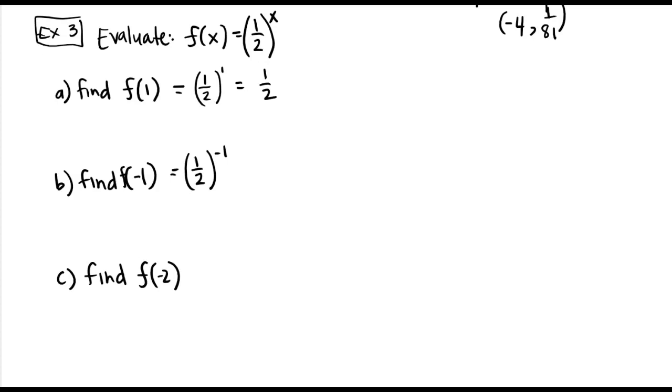Okay, so on part A, you should have come out with 1/2, because whenever you raise anything to just the first power, it's just that same thing back. So 1/2 would be your answer on part A. On part B, where you're raising it to a negative exponent, that's telling you to flip everything inside. So we really have 2/1 raised to the first power, which is just 2. Because that negative exponent is telling you to flip it.